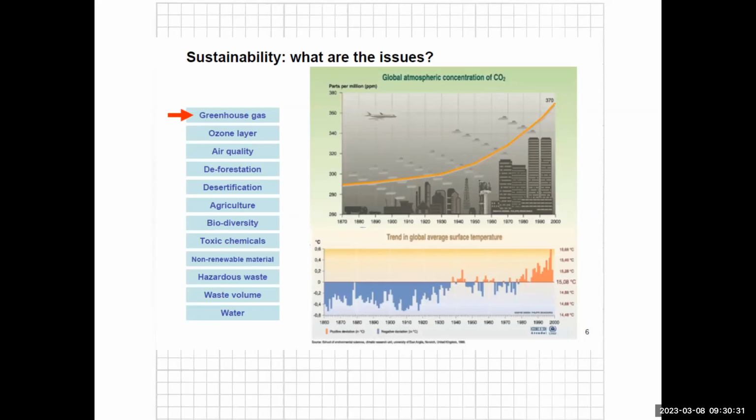All right. What are the issues? Greenhouse gases are an issue and temperature rise. So regardless of whether you believe this is a natural cycle, the planet is naturally warming because it goes through these ice age and non-ice age cycles. Potentially that's true.